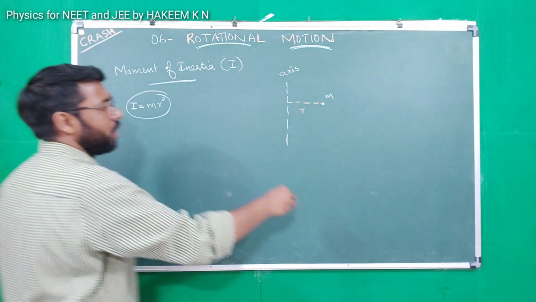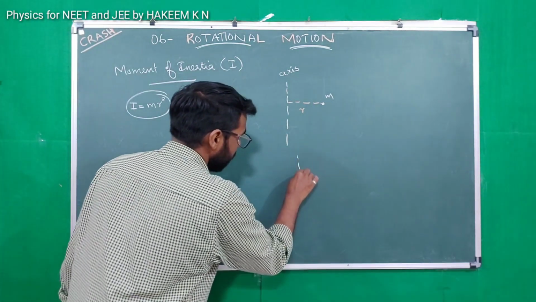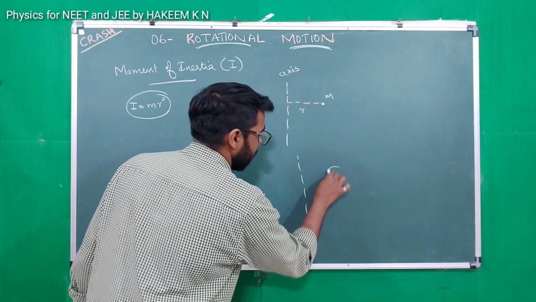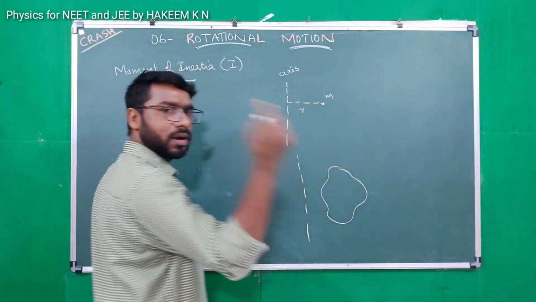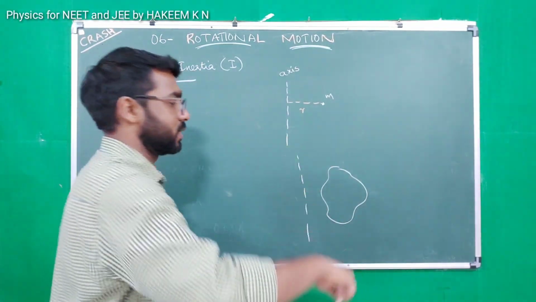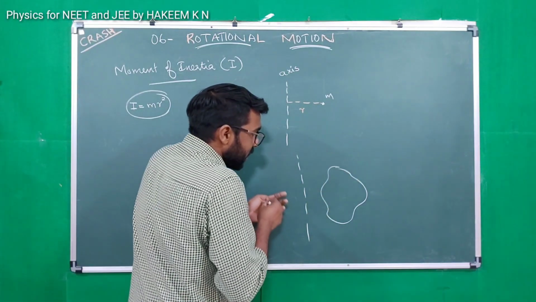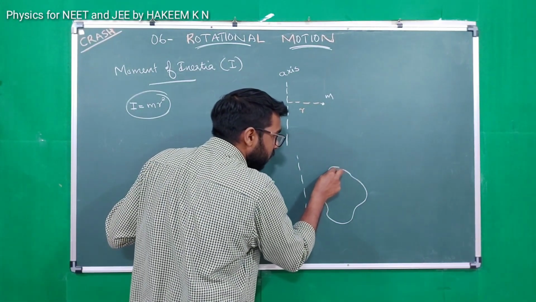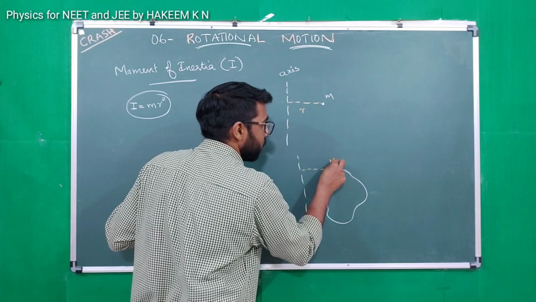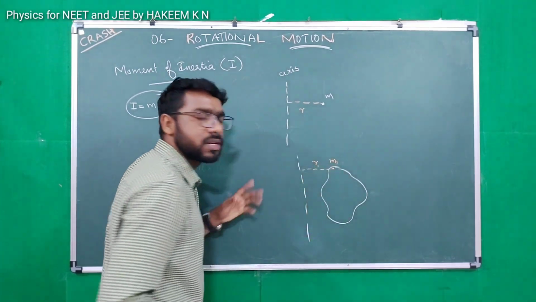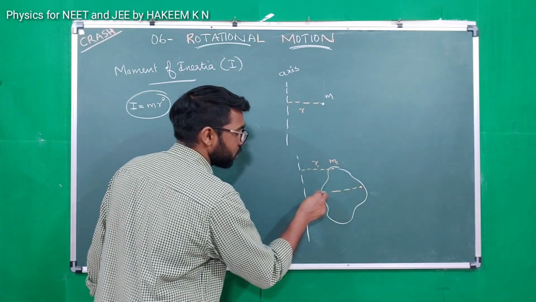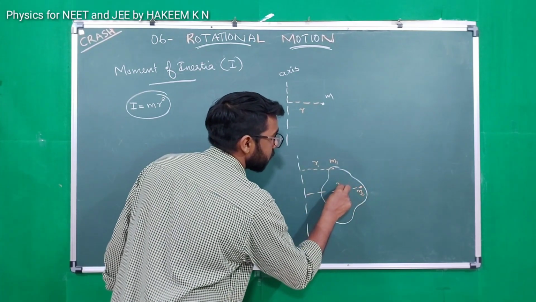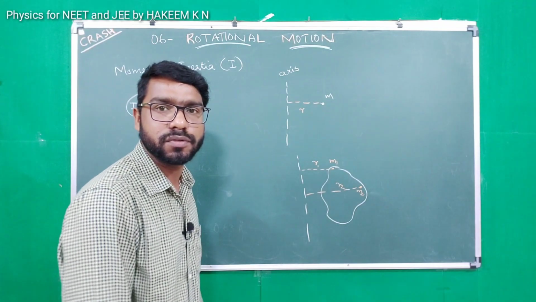Now if a body is rotating about an axis, then each particle of the body, m1, possesses r1 distance from the axis of rotation, and m2 possesses r2 distance from the axis of rotation.